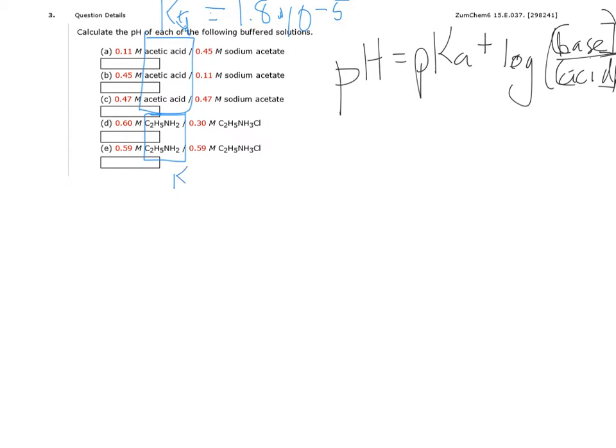Well, what they should give you in the problem, in my opinion, so that you're not left to hunt for this, either in Chapter 14, Table 14.2, or an appendix at the back of the book, or you could just Google the Kb values. This one is 5.5 times 10 to the negative fourth.